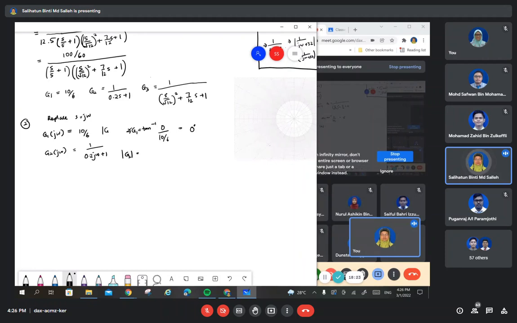So we have the other magnitude G1 equals 10 over 6. For magnitude G2, 1 divided by the square root of, j squared becomes negative 1 and then squared, so it becomes 1. So you have 0.2 omega squared plus 1.